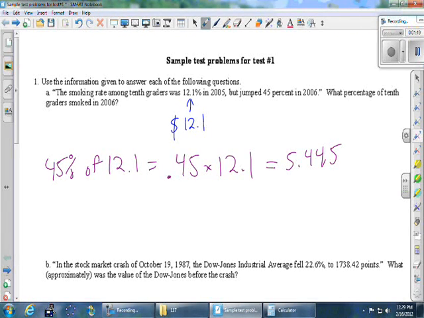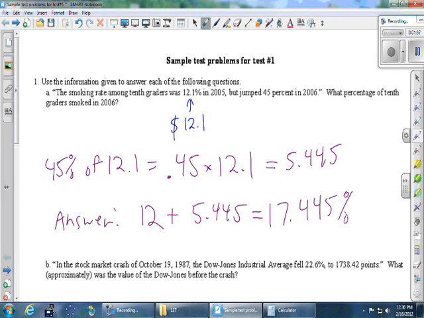So if we started at 12.1 and we jumped by 5.445, then to find the final number, we need to add these together. So the final answer is 17.445% of 10th graders were smoking in 2006.